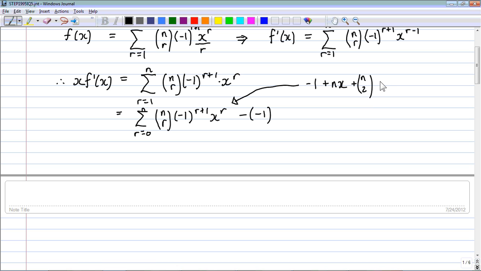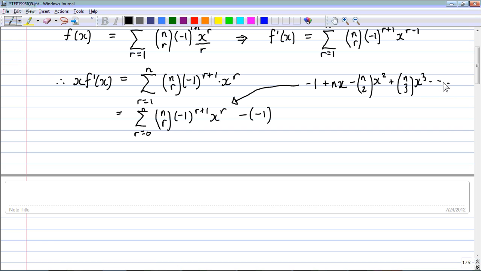R is 2, so sorry, it's minus n choose 2 x to the power of 2, and so on. So it's nx minus n choose 2 x squared, plus n choose 3 x cubed, and the sign alternates, and so on.